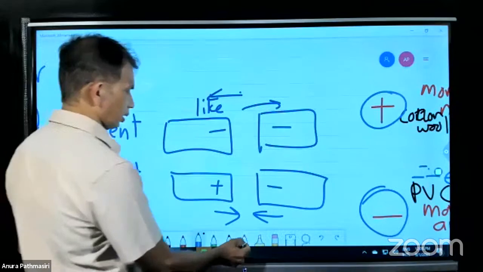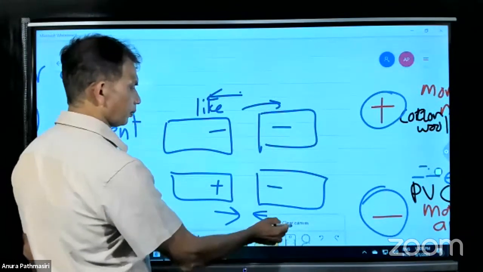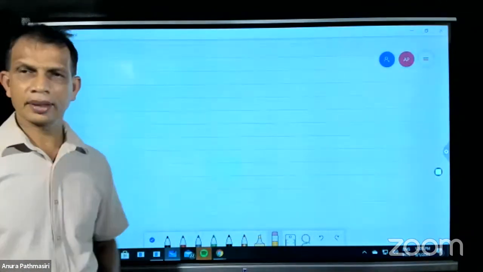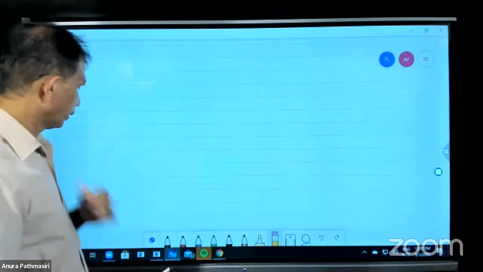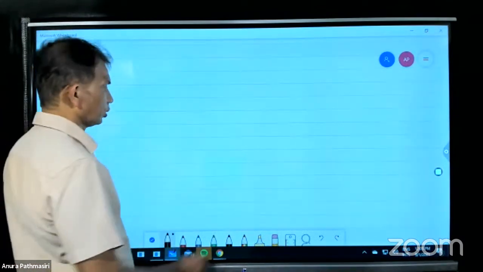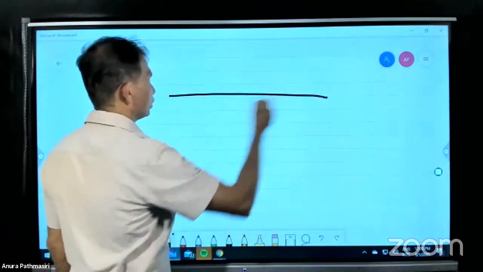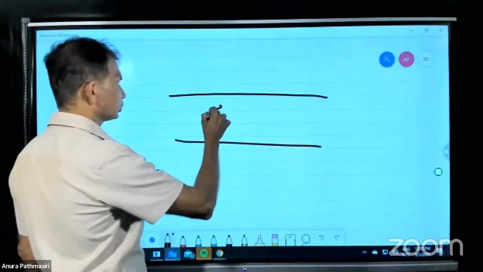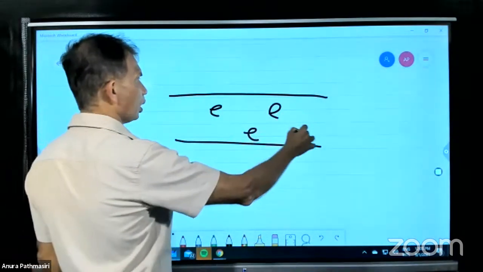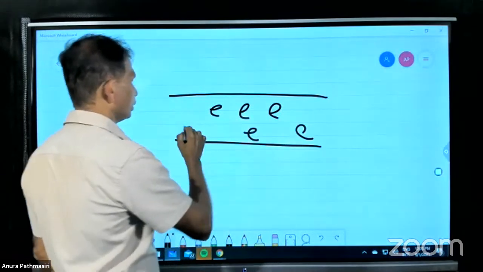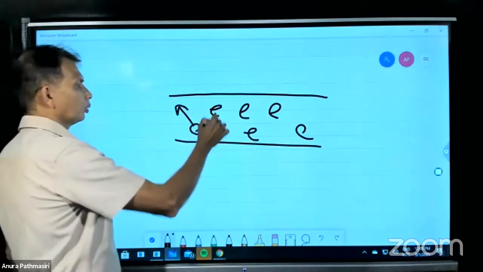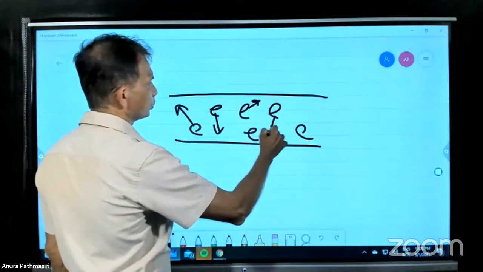We want to discuss generating electricity. When generating electricity, we should give a force to these charges, which are moving lethargically. They don't have a proper path to move.